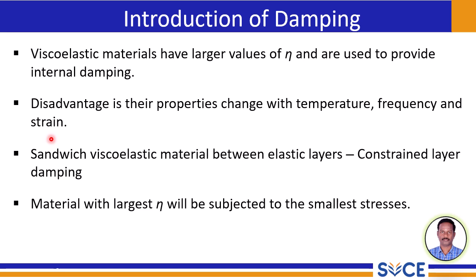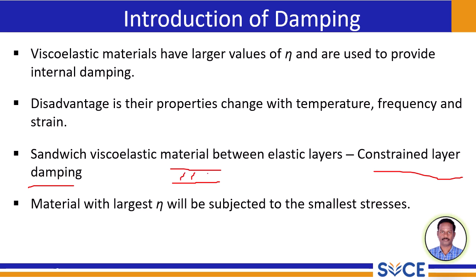To leverage the excellent damping properties of viscoelastic materials while mitigating some of the drawbacks, a technique called constrained layer damping is often employed. This involves sandwiching a layer of viscoelastic material between two elastic layers, typically made of metal.